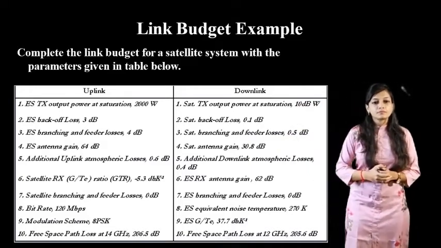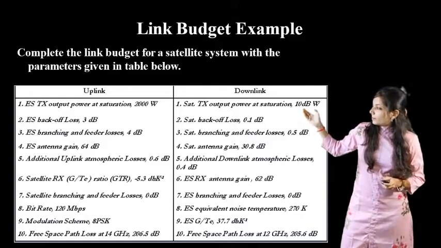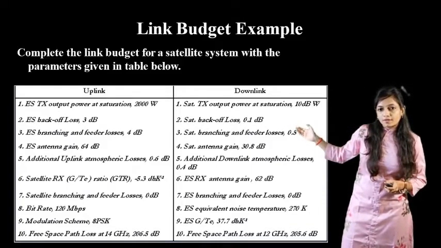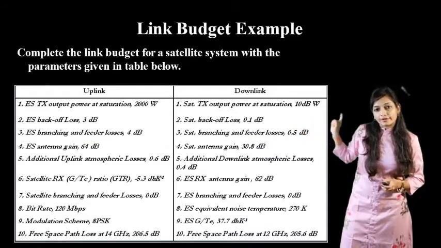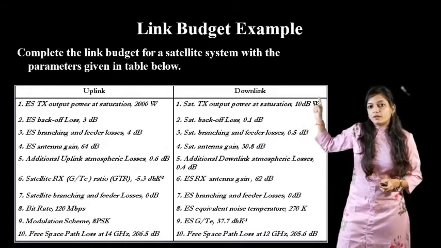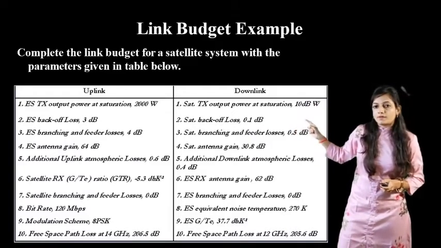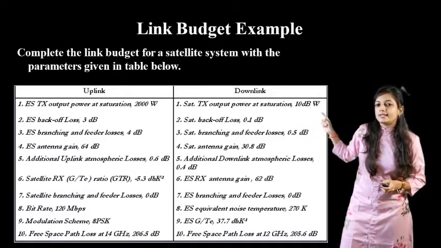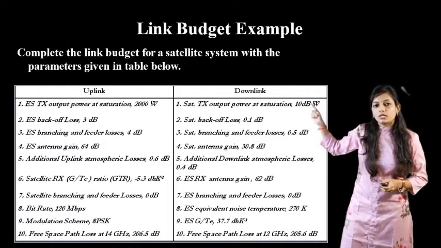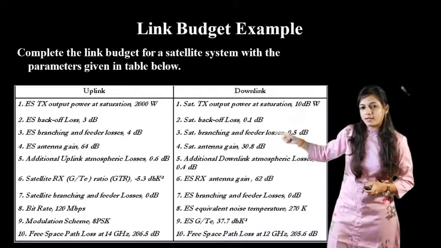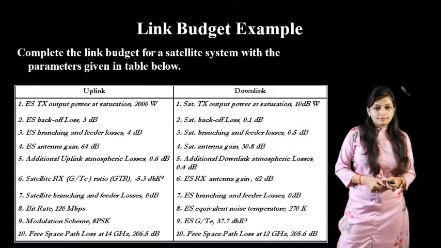First, for uplink, for the earth station transmitting output power at saturation is 2000 watt. Similarly, for the satellite TX output power, it's 10 dBW. Now backoff loss, 3 dB for uplink and 0.1 dB for downlink.